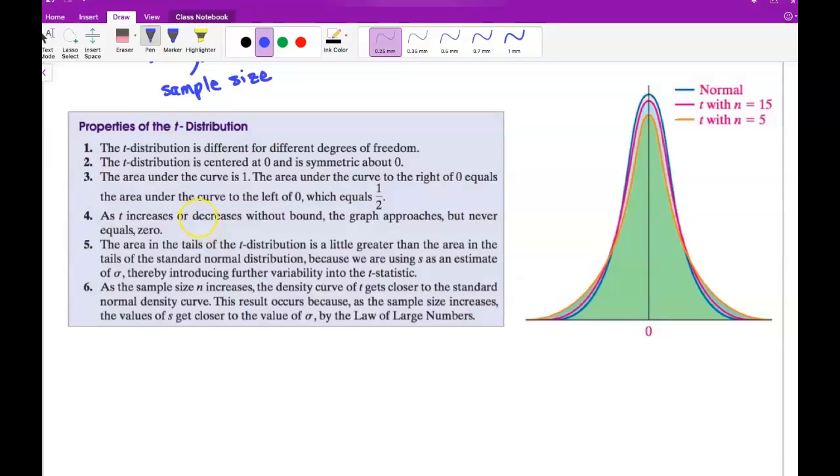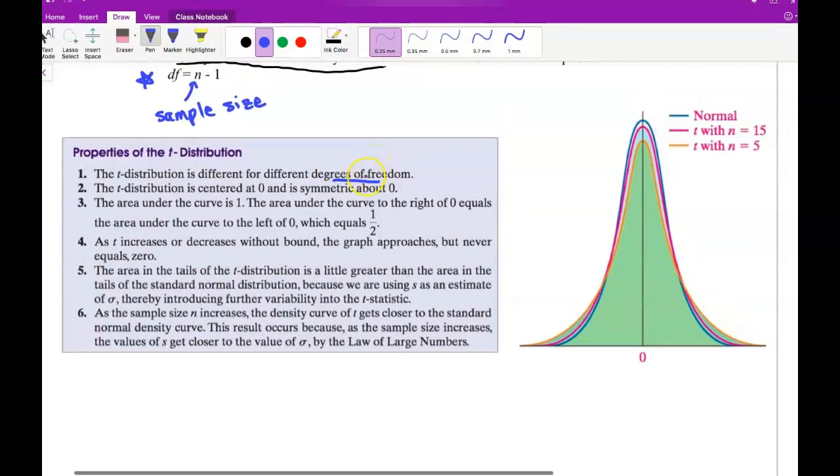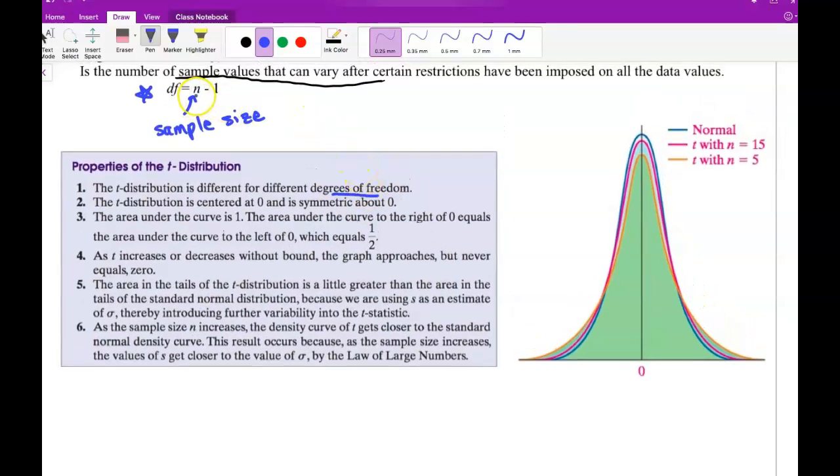Now, on this part we have the t-distribution. This is very similar to the standard normal distribution, like using the empirical rule, but it is different because the t-distribution is different for different degrees of freedom. Depending on your sample size, and so your degrees of freedom, which is based on the sample size.